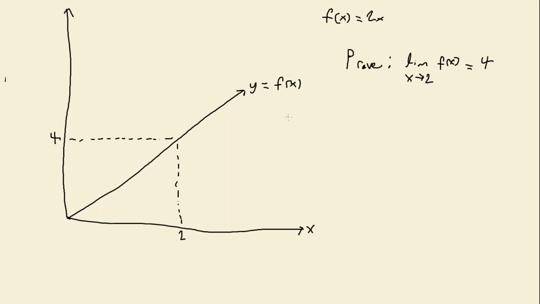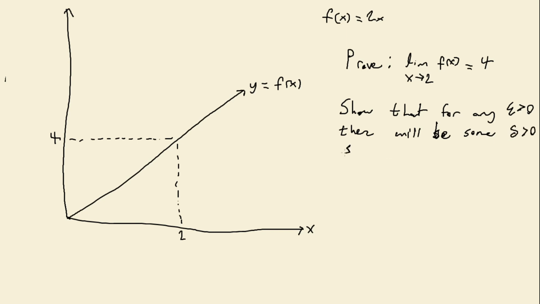If we want to prove this, then we have to show that for any epsilon greater than 0, there will be some delta greater than 0 such that the absolute value of f of x minus L is less than epsilon, and the absolute value of x minus a is less than delta.